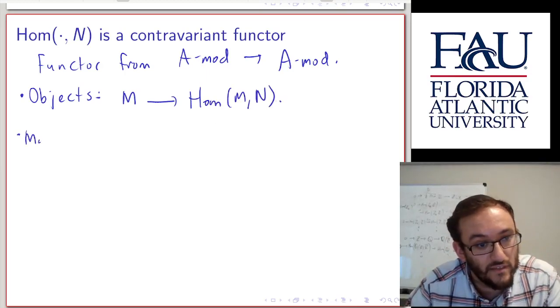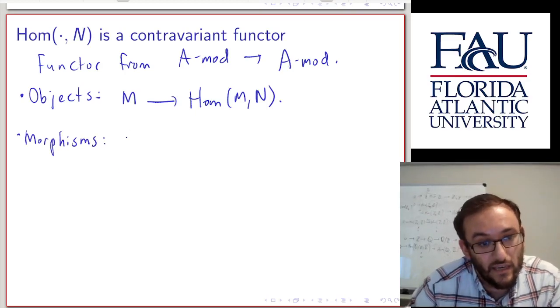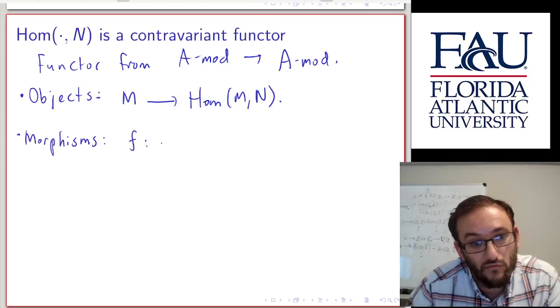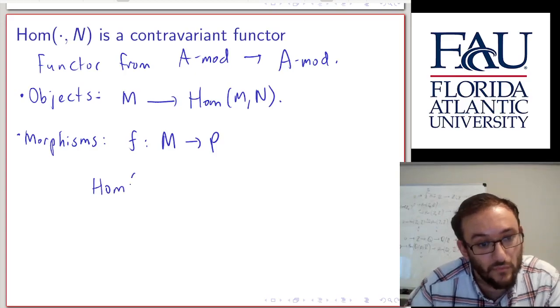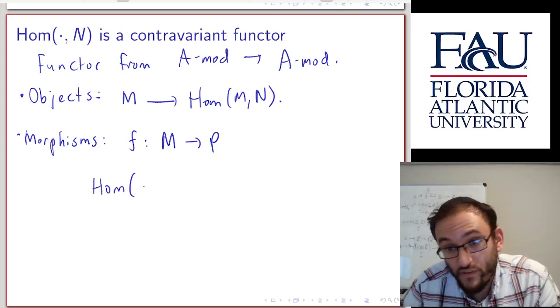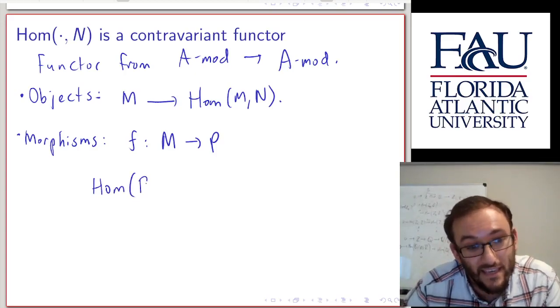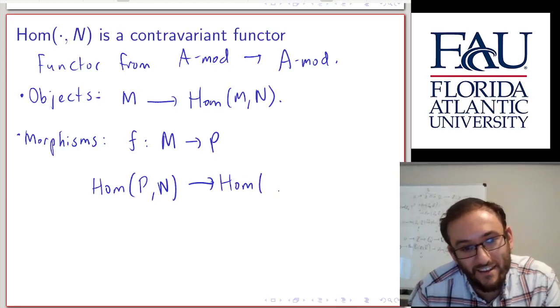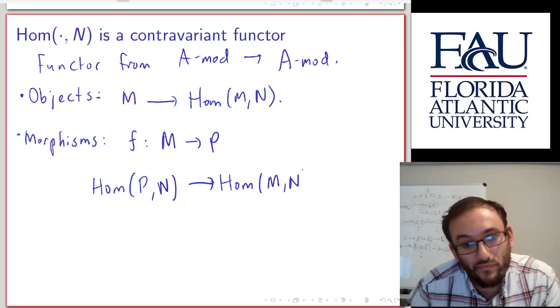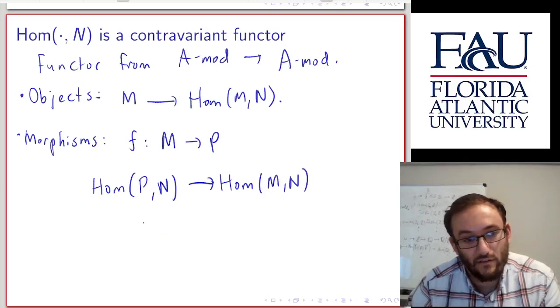And on morphisms, it's going to take a map f from M to P, and map it to a morphism from the homomorphisms of P to N to the homomorphisms of M to N. And how does this work?